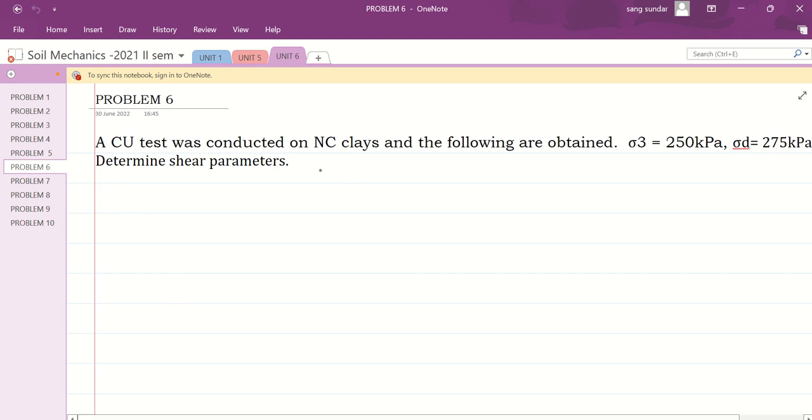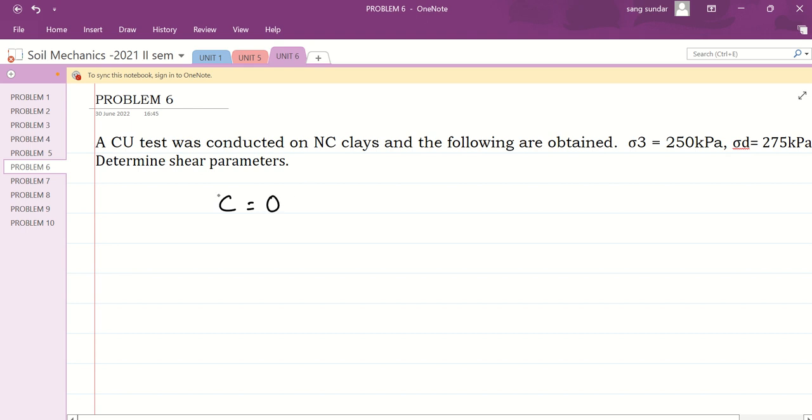See, as we have discussed in the class, in case of consolidated undrained test, how much is the C value of clay? Even though it is a normally consolidated clay, when you perform a consolidated undrained test, you are not allowing the drainage to go off. So the entire clay will become like a slurry and there will not be any cohesion to the soil.